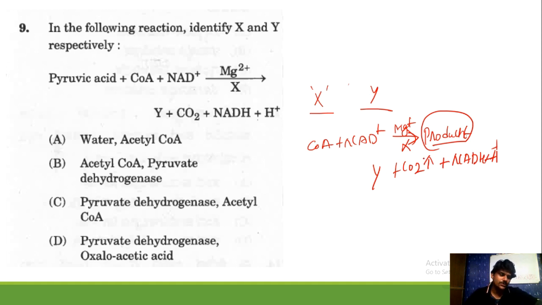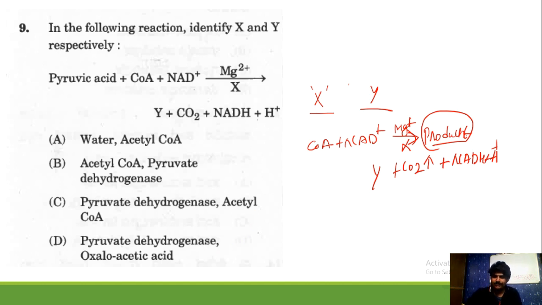So if the CO2 is liberating, then what might be the process? What might be the reaction? We can say it is one of the respiratory reactions of the plants, right? Because CO2 is releasing here. Then let's see, if CO2 has to be released, we can eliminate particular options given below.